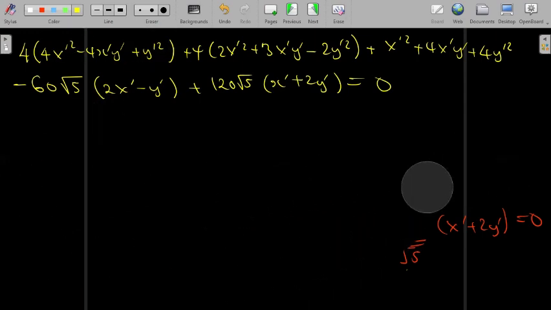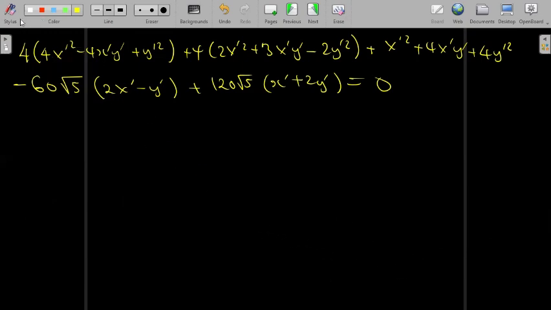Now, after doing that, we can expand. We multiply this thing. 4 by 4 gives you what? This gives us 16x prime squared. Then negative 16x prime y prime.